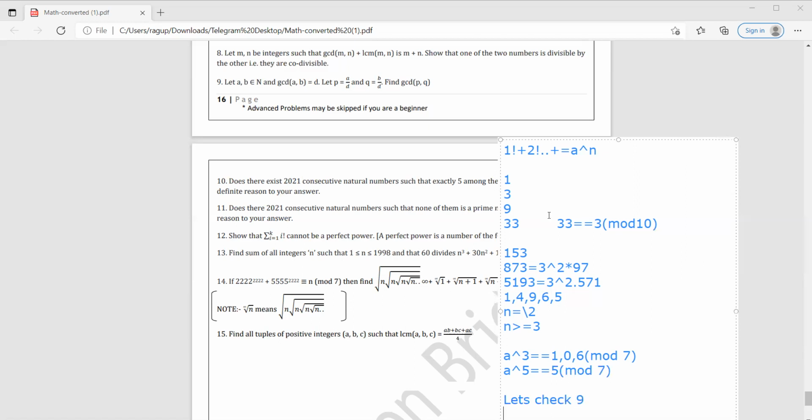So for k greater than or equal to 9, after 9 factorial, we get all the numbers to be divisible by 27. And for 1 factorial plus up to 8 factorial, we'll calculate the remainder mod 27.